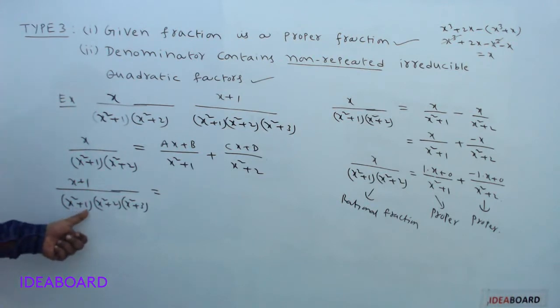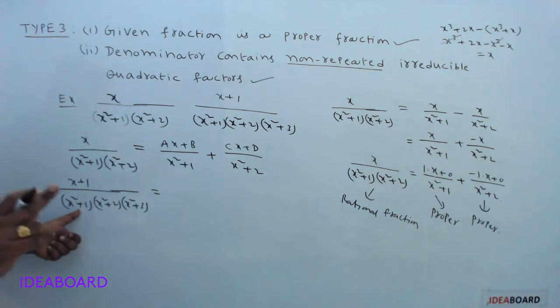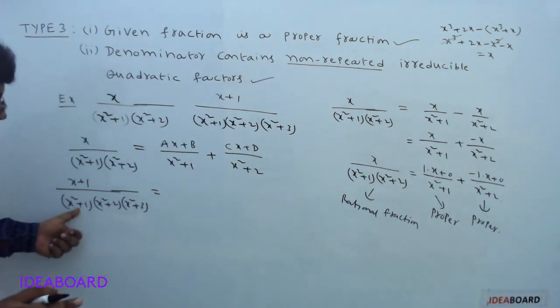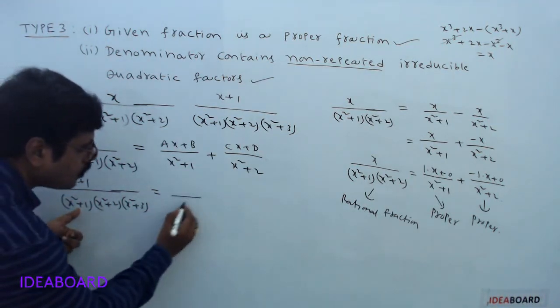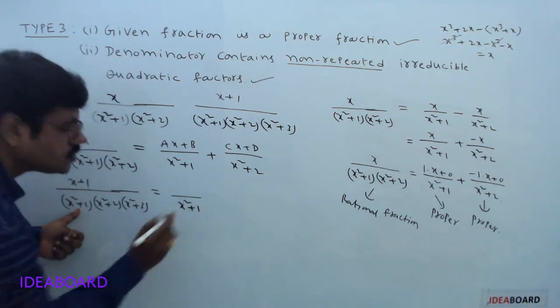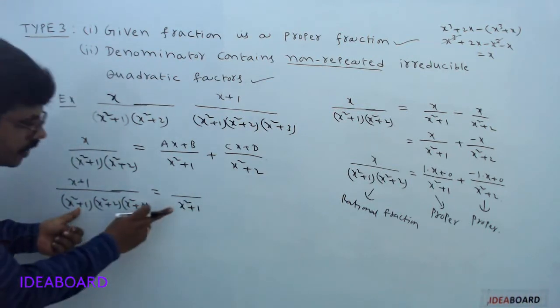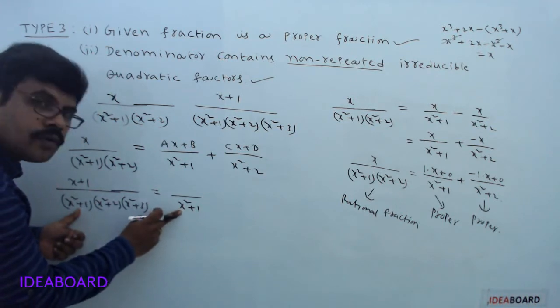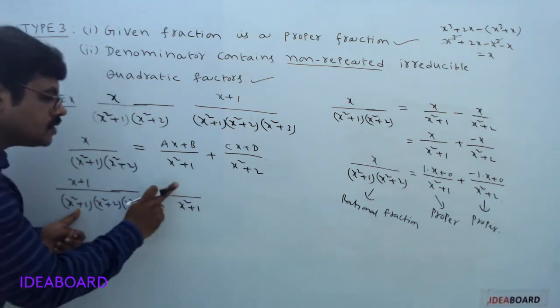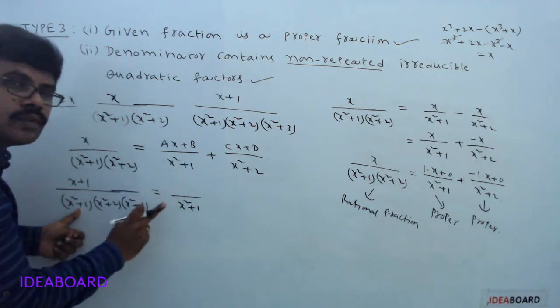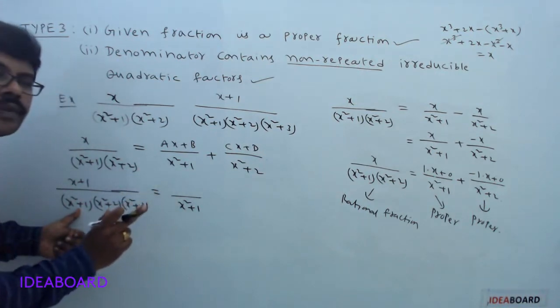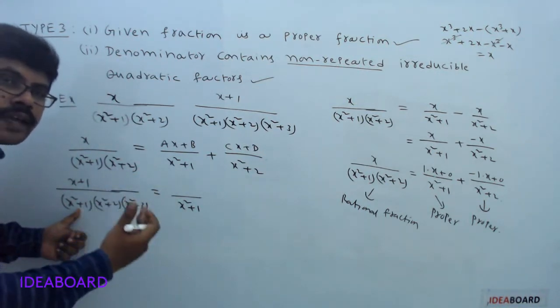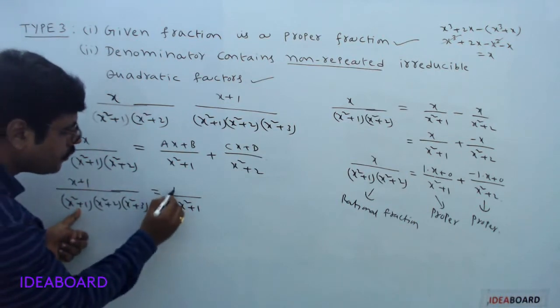Corresponding to this non-repeated irreducible quadratic factor, there exists a linear factor in its numerator. So, the denominator is x square plus 1. Corresponding to this factor, there exists a linear factor in its numerator. Linear factor means it is in the form of ax plus b.